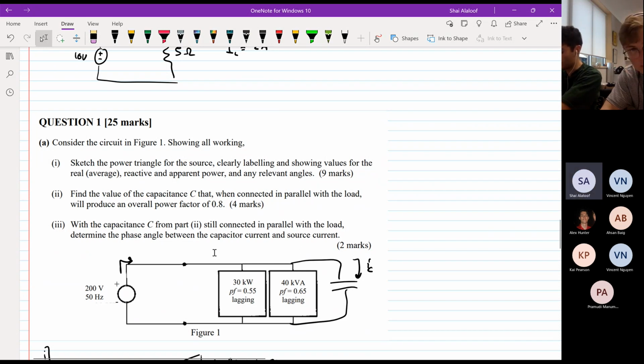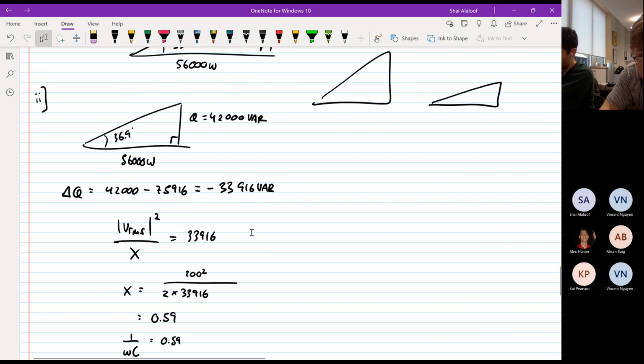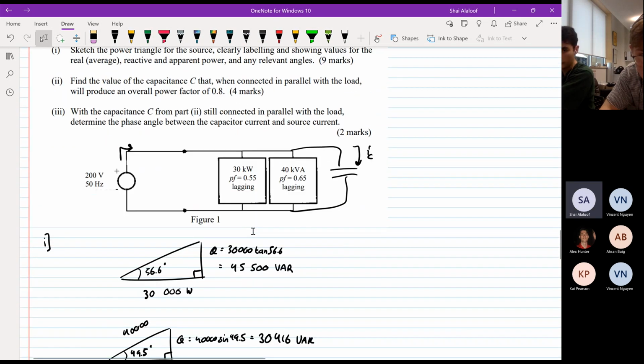So wouldn't it be 90 and not 126 point? Well, no, because you're looking at source current. The source current is different to the capacitor current.